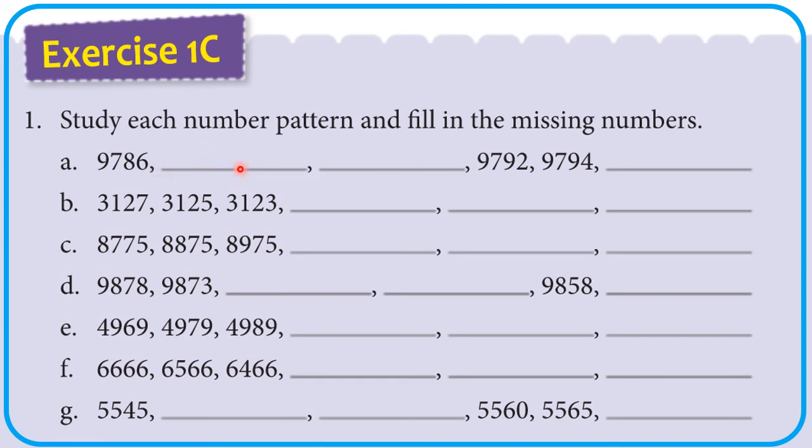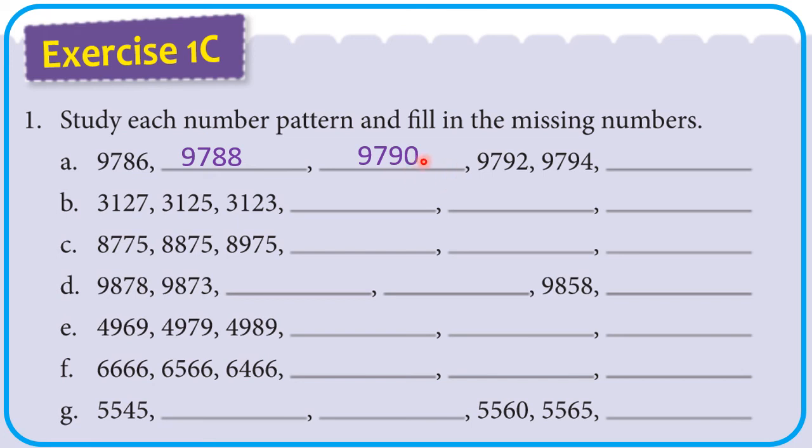So to fill in this blank, you should add 2 to this number. That is 9,786 plus 2 is 9,788. To get the next number, add 2 to this number. That is 9,788 plus 2 is 9,790.